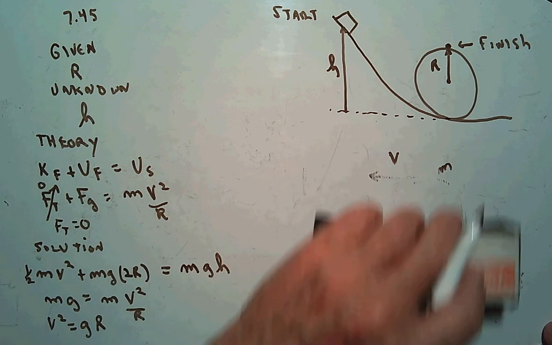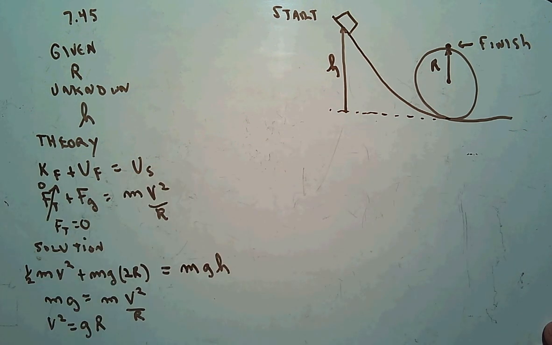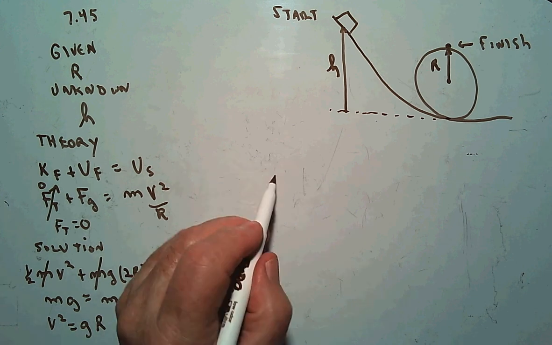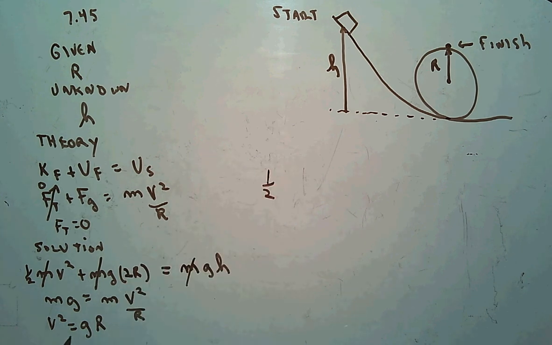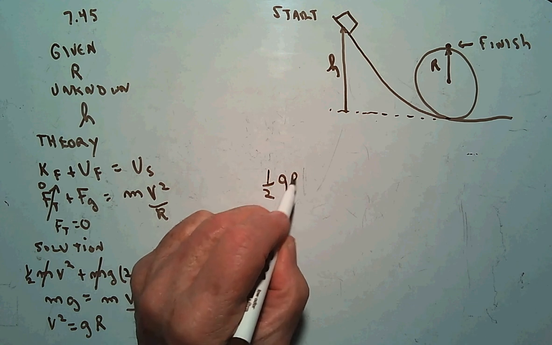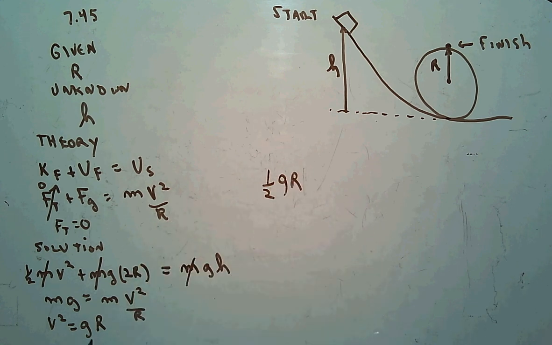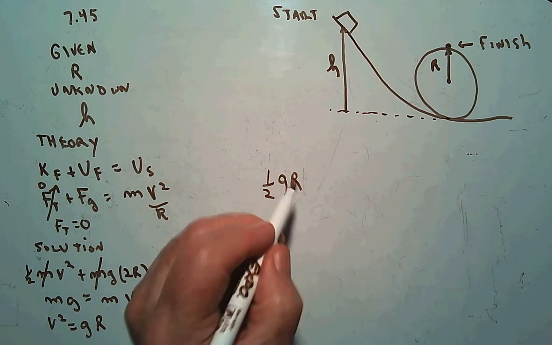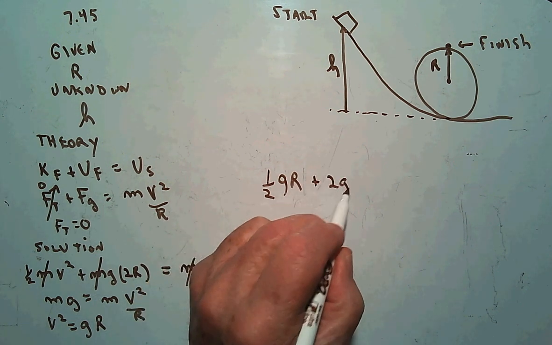So give me a little bit more room. I'm going to get this out of the way here. And oh, by the way, notice here, we could go ahead and get rid of all these m's right here. That'd help us quite a bit. So I'm going to put this v squared equals gr in there for v squared. So I would have 1/2 g times r, okay, plus 2gr.